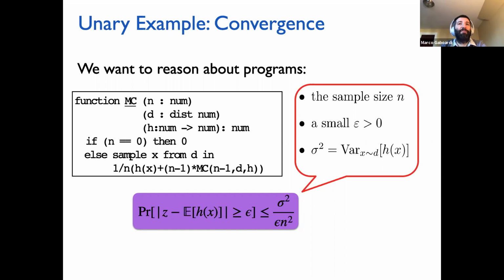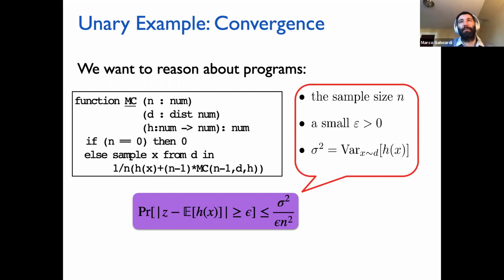In this case, for example, we want to show that the probability that the value z that we obtain is farther from the true expected value of h by a constant epsilon is bounded by what you see on the right: sigma square over epsilon n square.